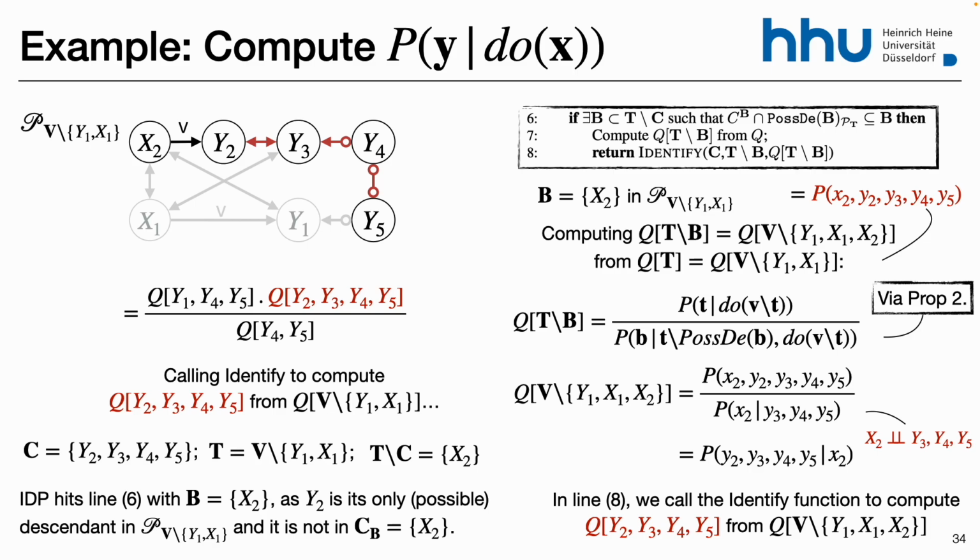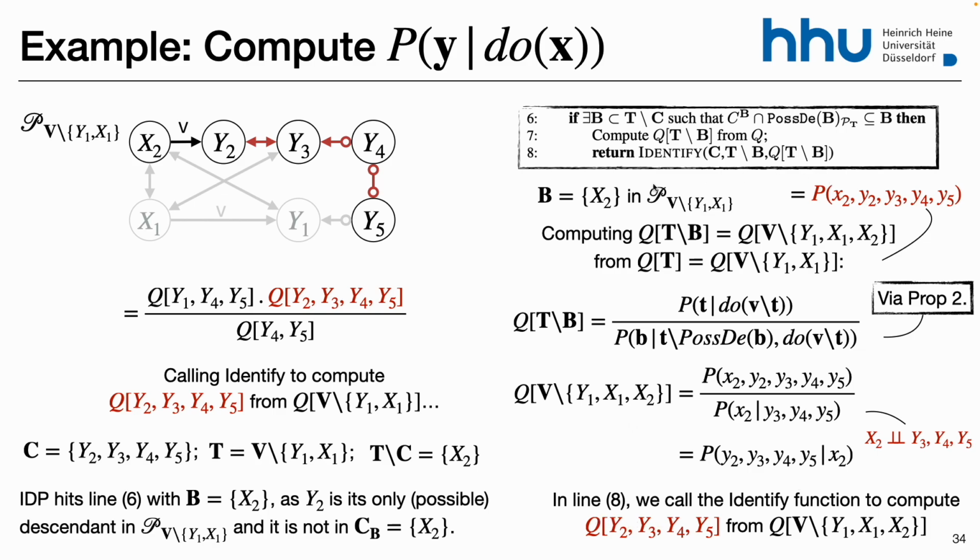So that was basically the argument for why X2 is independent of Y3, Y4, Y5. But anyway, I simplified some stuff here. It probably is correct.